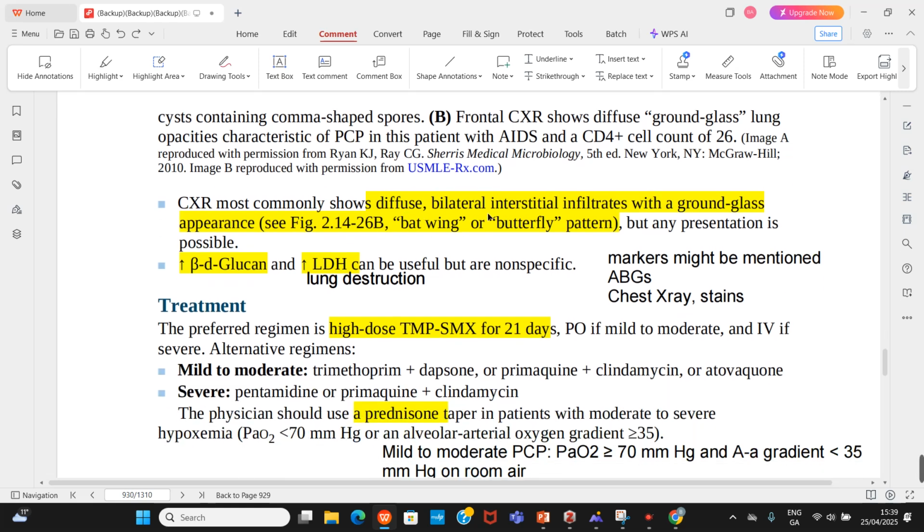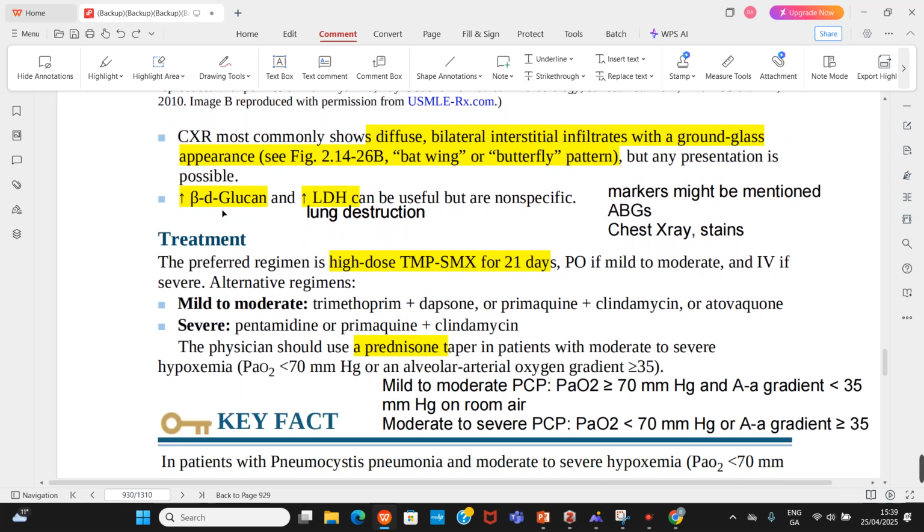So we see diffuse bilateral interstitial infiltrate, the ground glass opacity on this X-ray, and if you do some labs, the beta glucan is positive. Which other organism did we say beta glucan is going to be positive in? Anybody remembers? Beta glucan, what does it stand for? What is it classic for? You can see it in histo.